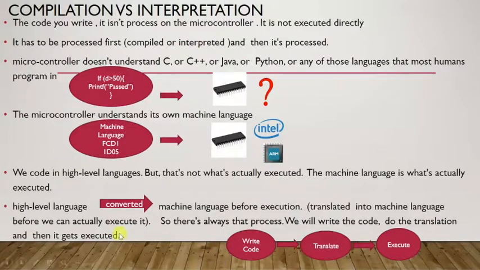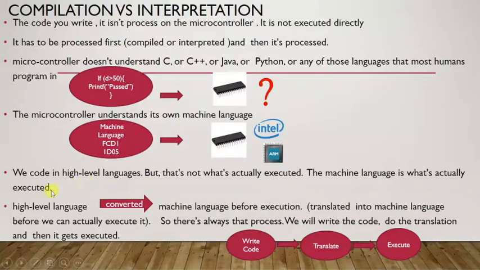One more time, the microcontroller cannot understand the high-level language we use to program it. This language must be translated to the machine language for that microcontroller. Each microprocessor, each microcontroller understands its own machine language, which is made of pairs of hexadecimal, 0 and 1.